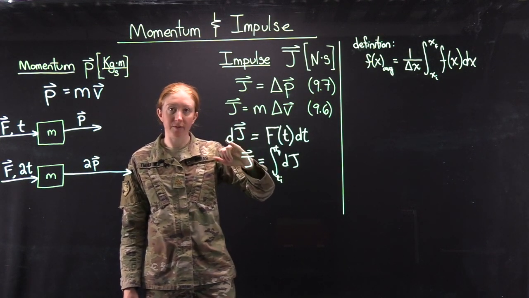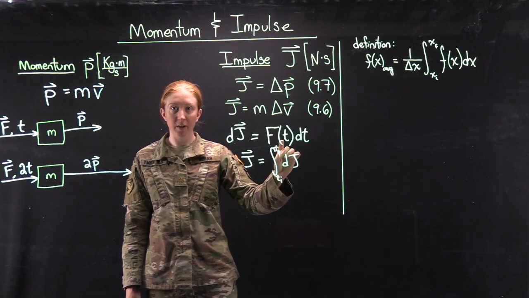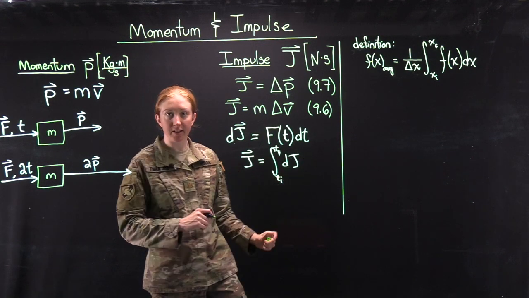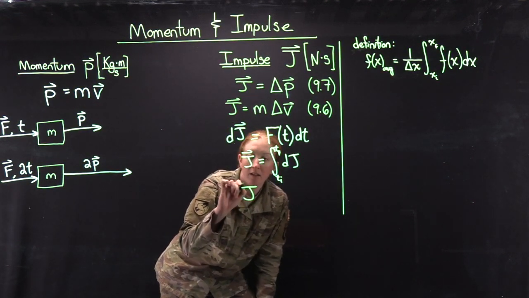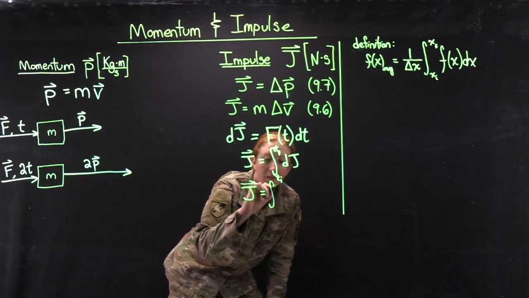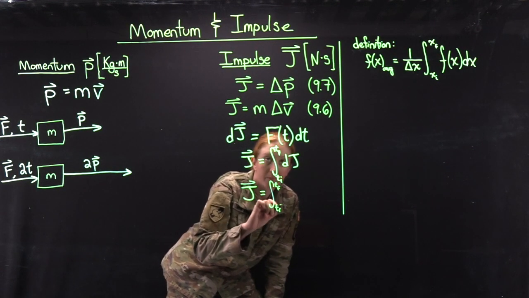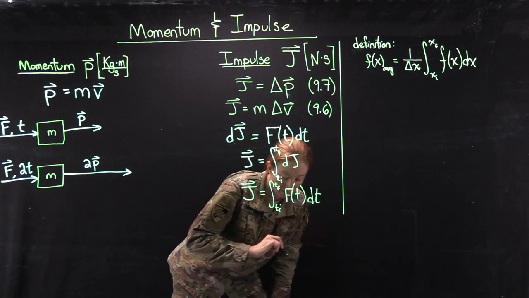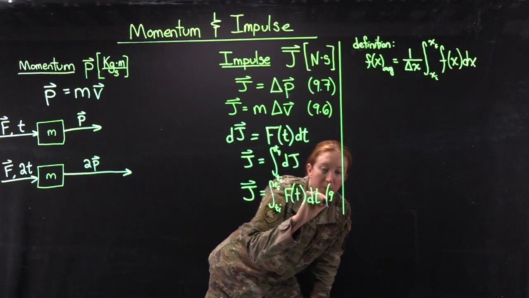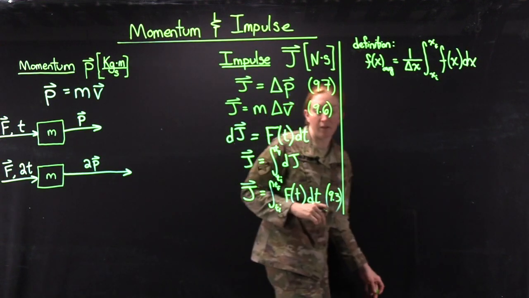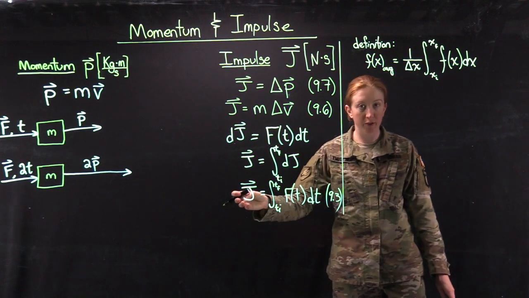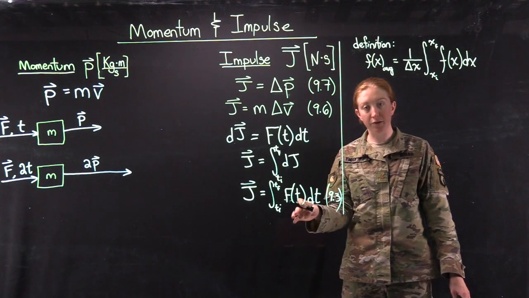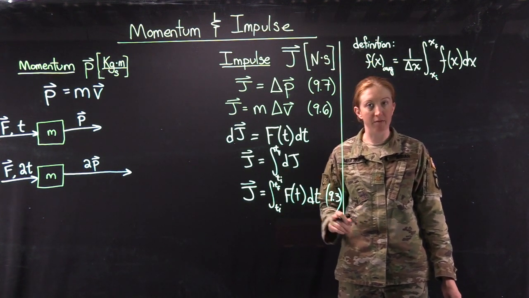Now if I take this differential impulse, which I know is equal to the time-varying force function times differential time, I'll put that right here into the integrand. And we come out with equation 9.3 in the book. So we see the total impulse applied to some object by a force is equal to the integral of that force from some initial time to some final time.